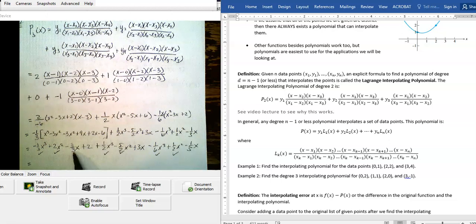Negative 11/3 x plus 3 minus 1/3 is negative 1, so that's negative x plus 2. So here we have the degree 3 polynomial is simply this line because of the cancellation that occurs.